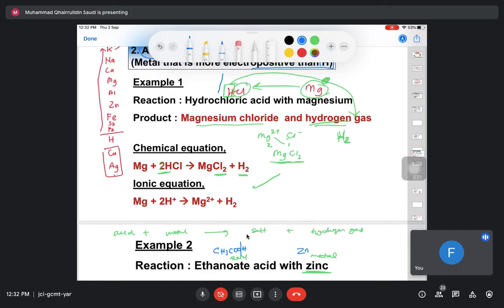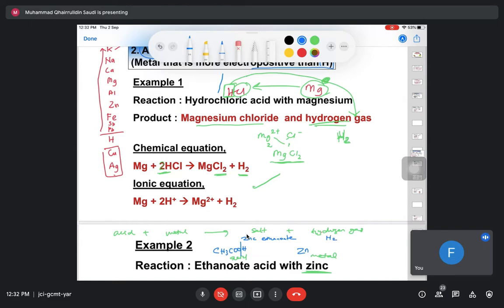Zinc? Yes, zinc ethanoate. Okay. Zinc ethanoate and hydrogen gas.